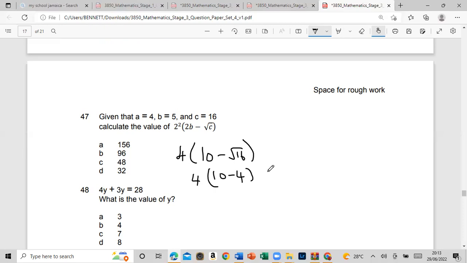Four tens are 40 minus 16. They say that? No joke. Because 4 tens are 40, and 4 fours are 16. Why can't it be 24? 6 fours are 24. 4 times 10 is 40. 4 fours are 16.